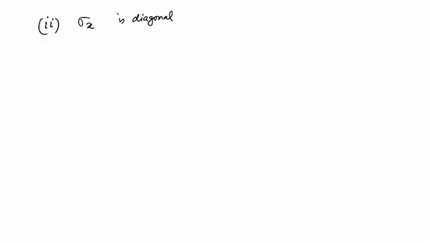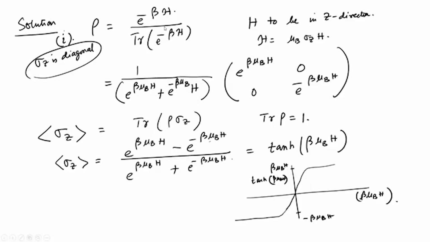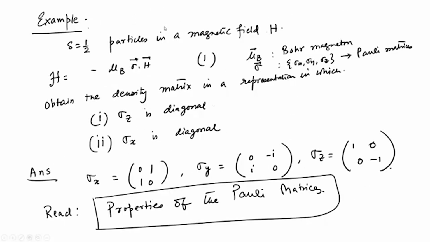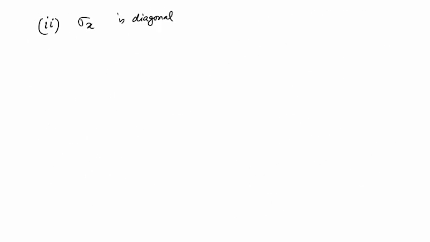You have to change the basis to make it diagonal. Your sigma x has a form like this, which is 0 1 1 0, as written in the lower half of this slide, and you can diagonalize it by a matrix which looks like 1 by root 2 times 1 minus 1 1 1. This is purely from speculation, or rather inspection.